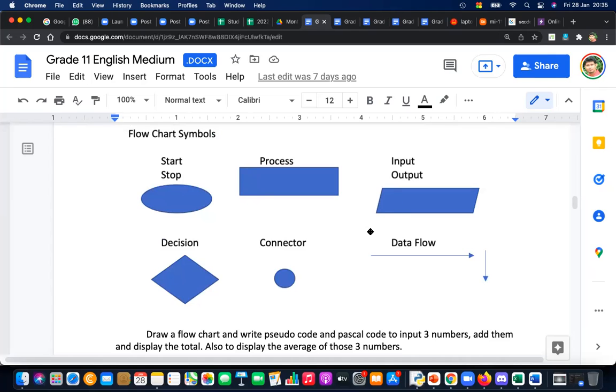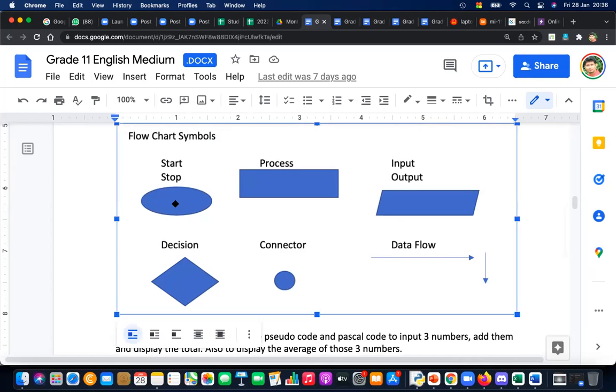These are the symbols that we are going to use to draw the diagrammatic representation, which we call a flow chart. Start and stop are denoted by the ellipse, processes go inside the square, input and output inside the parallelogram, decisions inside the diamond, and the connector is used to connect multiple paths.